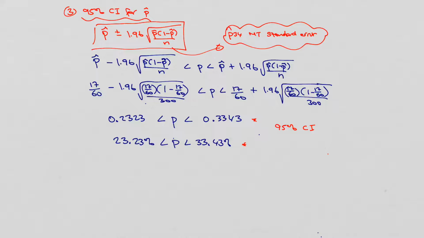So what we're stating here is that we are 95% confident that our true population proportion lies within the interval of 23.23% and 33.43%. In other words, that's what we're expecting for a number of seeds that are actually going to germinate. So now what we can do is we can test our hypothesis claim. So in other words, we're going to draw our conclusion. So what can we state?